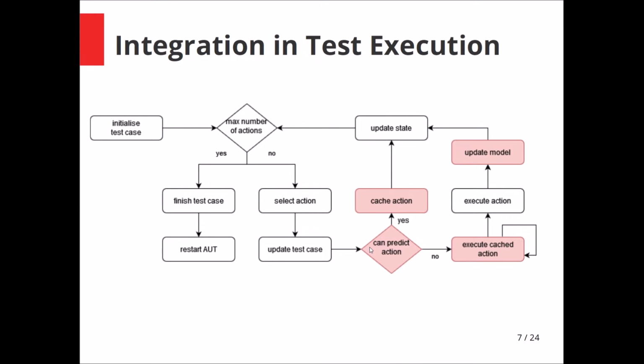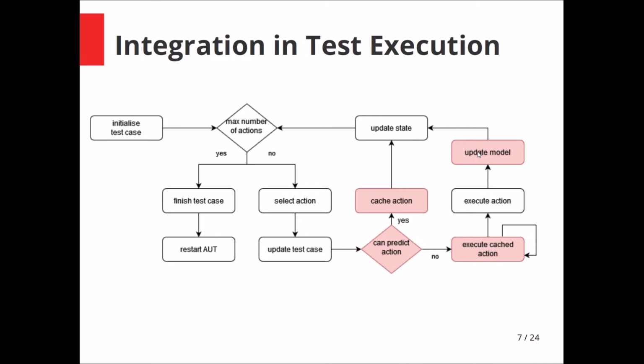If we cannot predict the action because the action is new, for instance, we need to execute the cached actions in order to bring the app under test in the correct state. Then we execute the selected action and update the surrogate model with the new information.